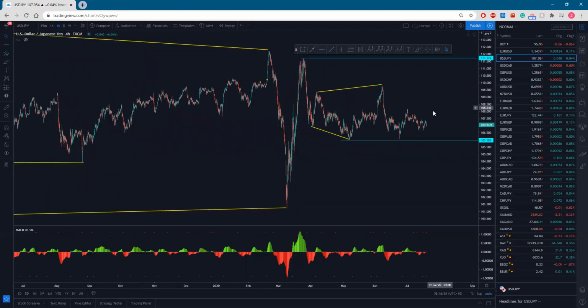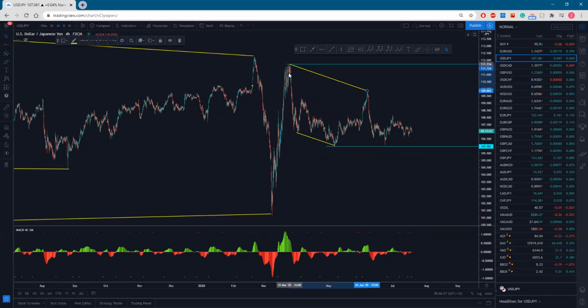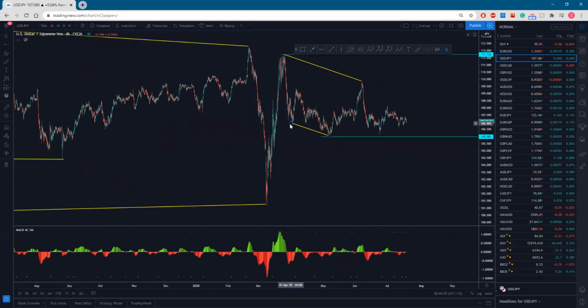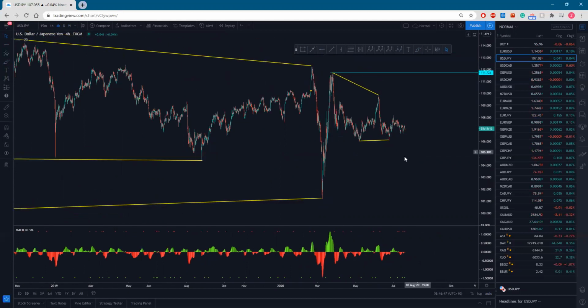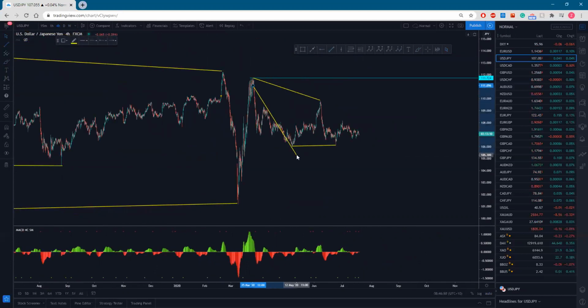Yeah, so that's still the outlook as to what we're going for here. We could also look at that being actually complete. So this is your ABC, like so. You got a 1, 2, 3, and right now we're just correcting.